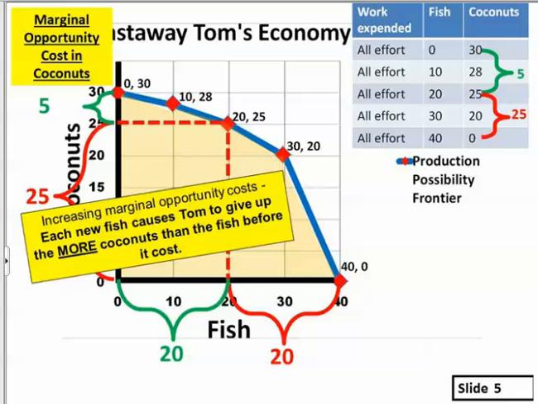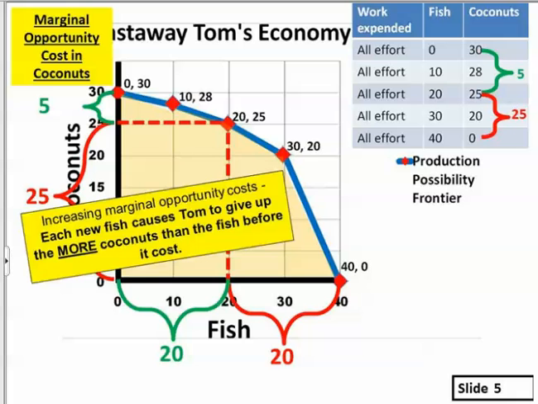Okay? And then as we want more and more of that item, we have to use resources that are less well suited for making that item. And so therefore our marginal opportunity cost of the next batch of that item is going to be higher than the previous batch, and therefore we have increasing marginal opportunity cost.